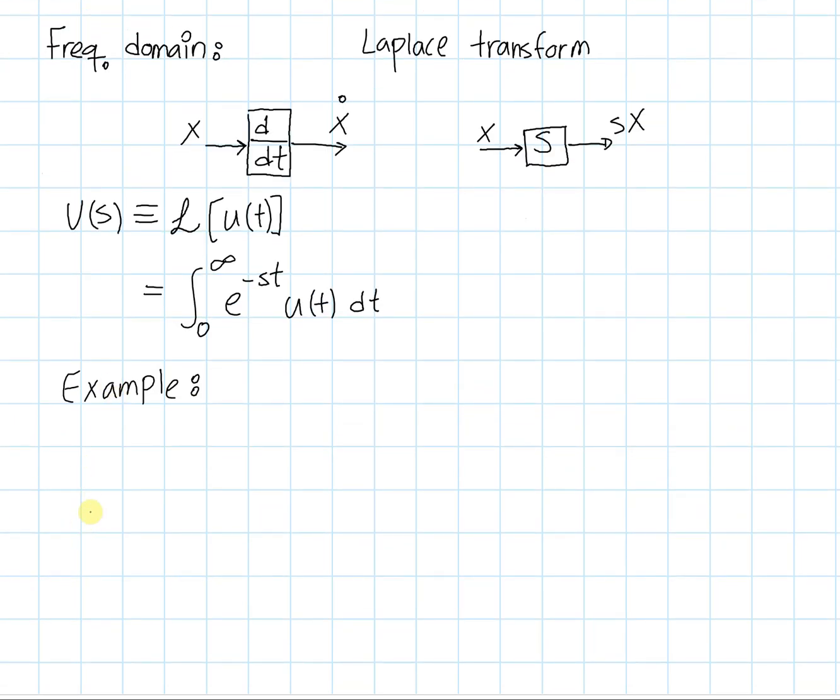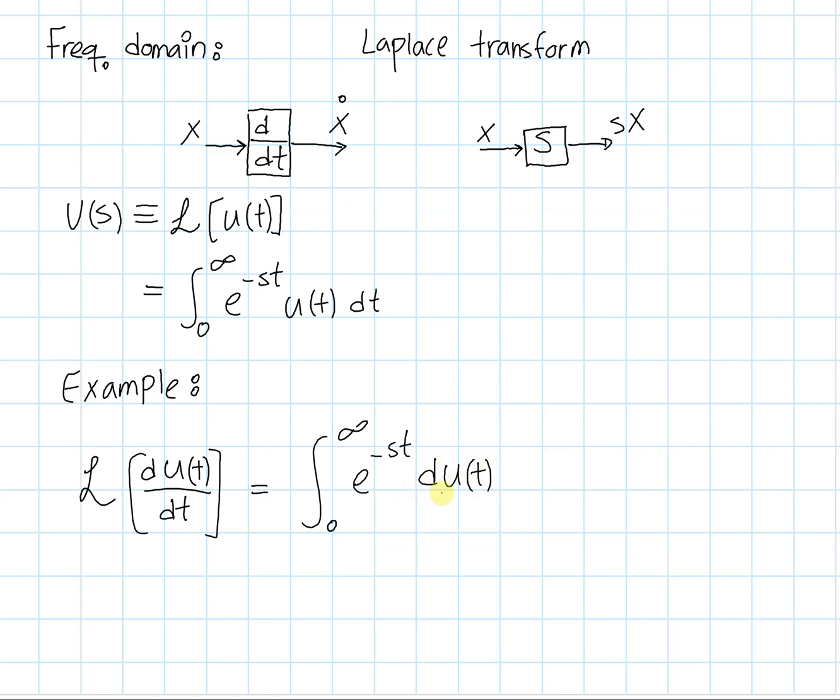My intention is to do a Laplace transform of the derivative of the u(t) term, so I have du/dt. What I need to do is plug in my du/dt in the position of this u(t), like we did up here. So I have my one-sided integral of e to the minus st, du/dt, dt.